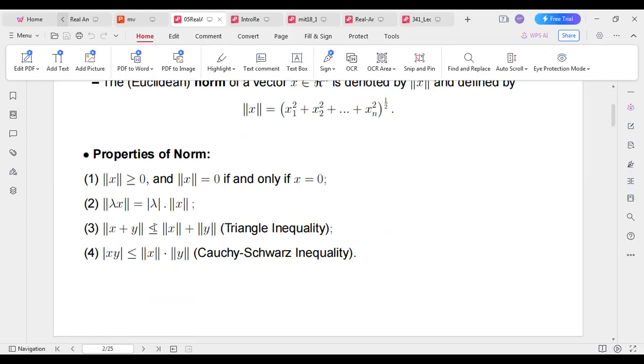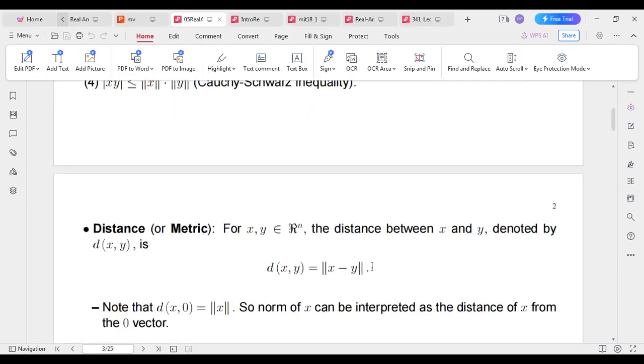And this is the triangle inequality: norm of x plus y is less than or equal to norm of x plus norm of y. And the norm of the inner product of x and y is less than or equal to norm of x times norm of y, the Cauchy-Schwarz inequality also. So what is a metric or metric space?